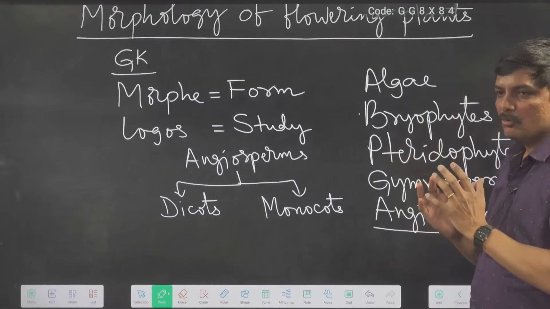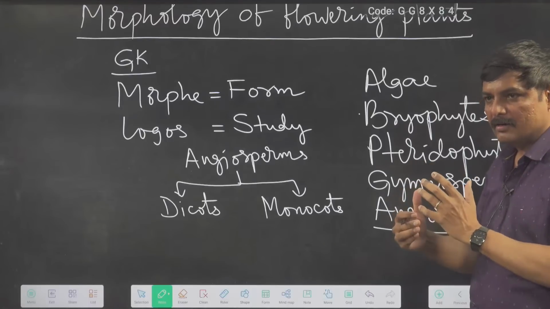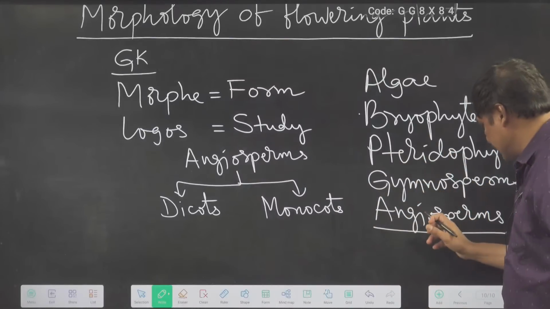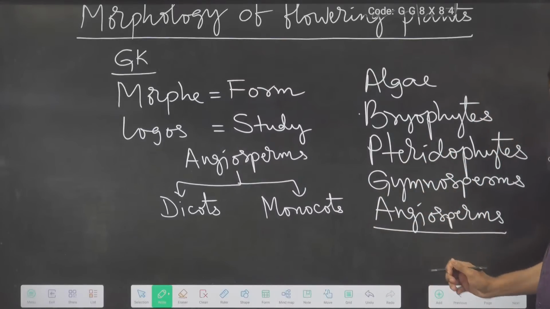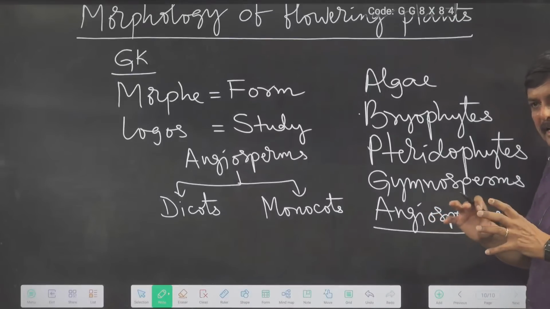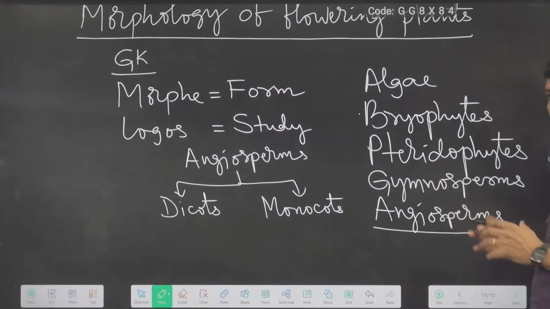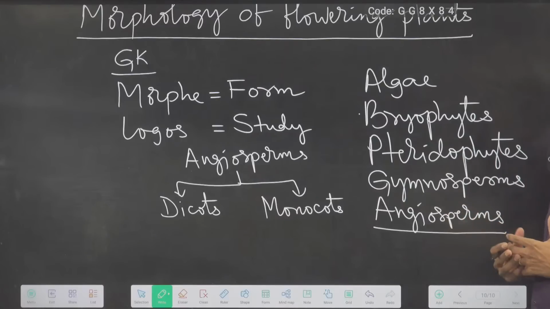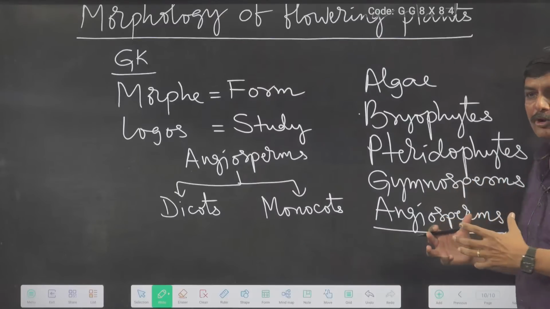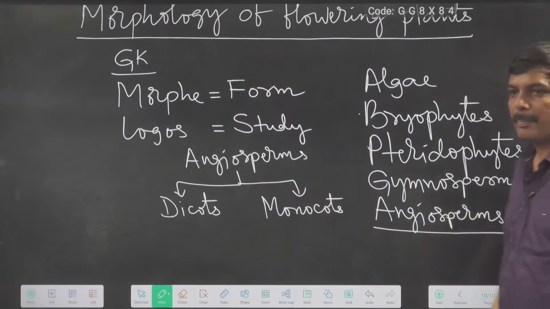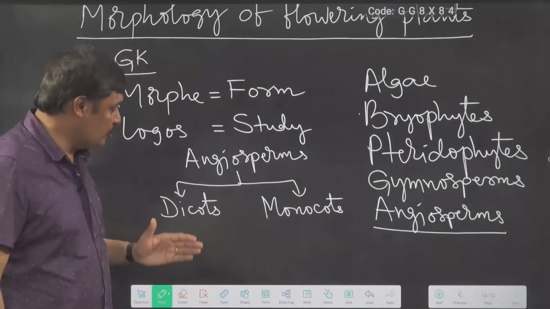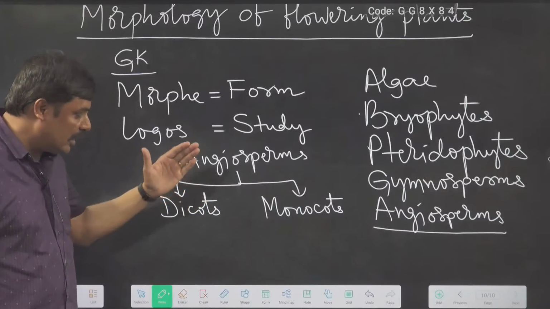And such a group of plants where the seeds are present inside the fruit are called angiosperms. As I said, these are the dominant, highly evolved plants, and they constitute more than 50% of the plants on this earth. These plants have a lot of economic importance. And they are again divided into 2 groups, namely dicots and monocots.